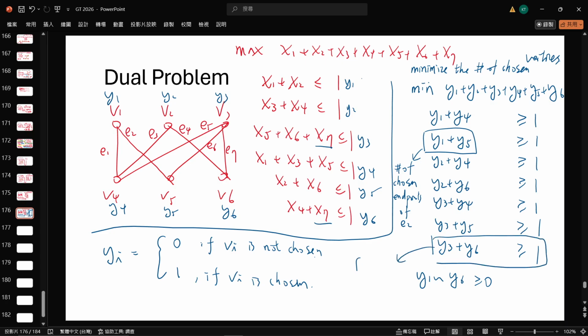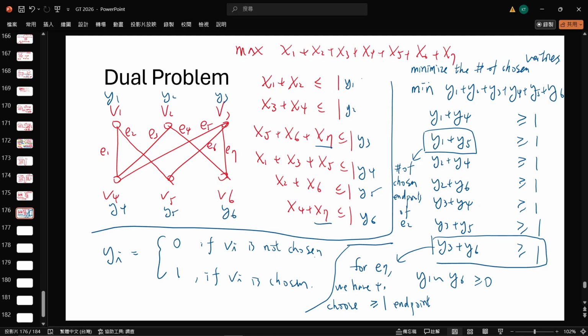So for example, for E7, we have to choose at least one endpoint. So for every edge, we have to choose at least one endpoint, and we want to minimize the number of chosen endpoints.